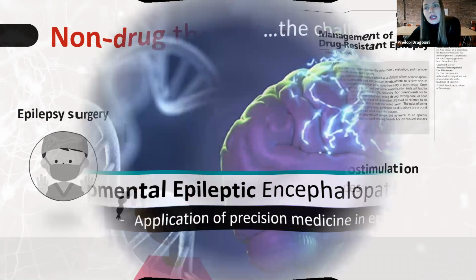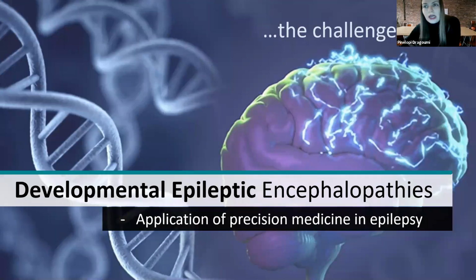So let's talk a little bit now about those challenges, the challenge of developmental epileptic encephalopathies and how this has actually given us some opportunities, and the application of precision medicine in epilepsy.